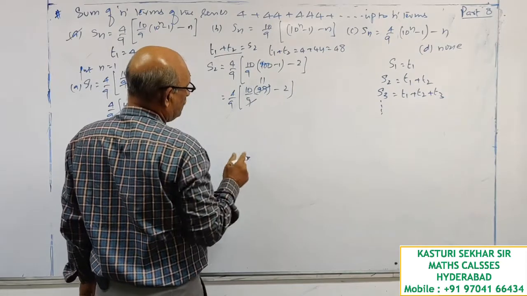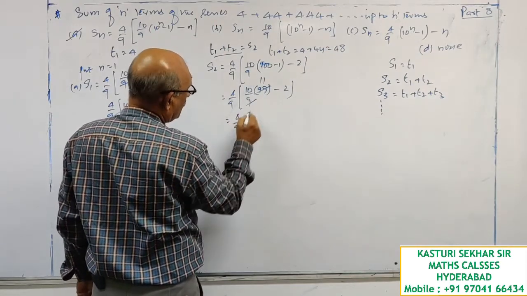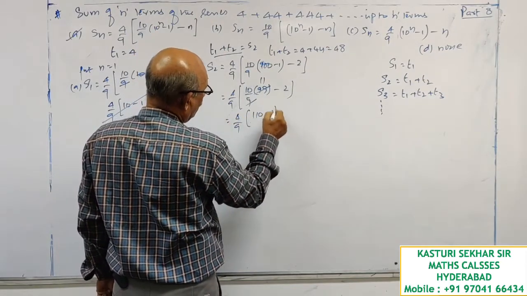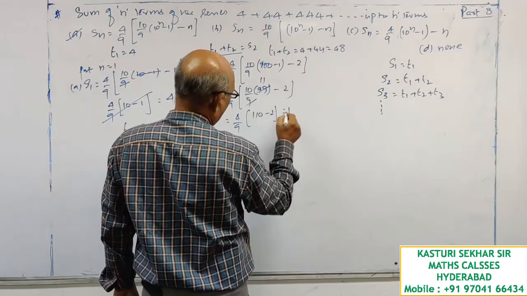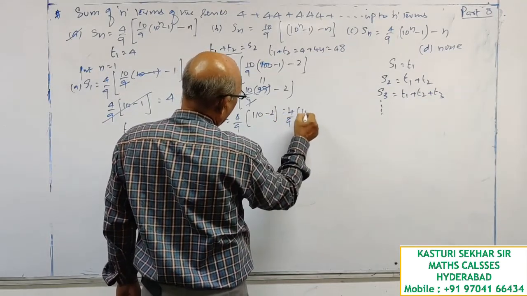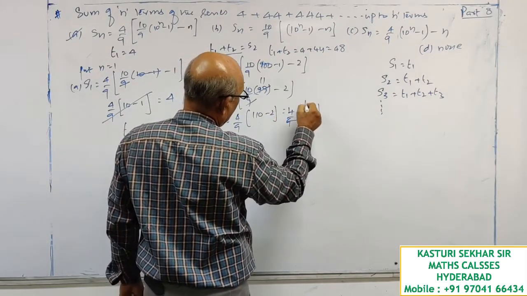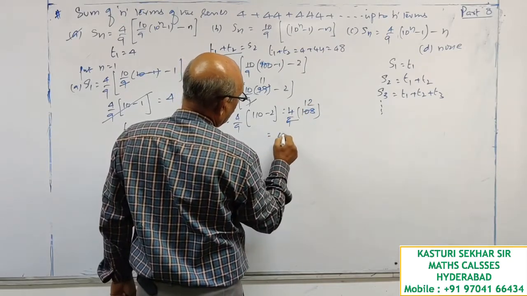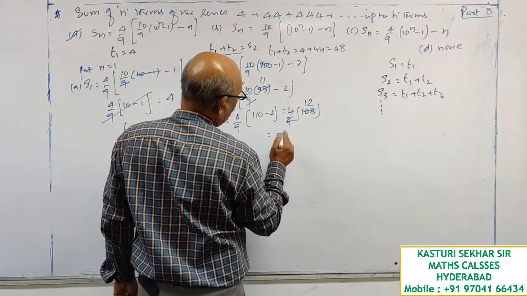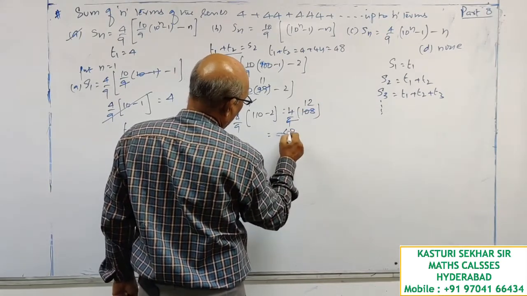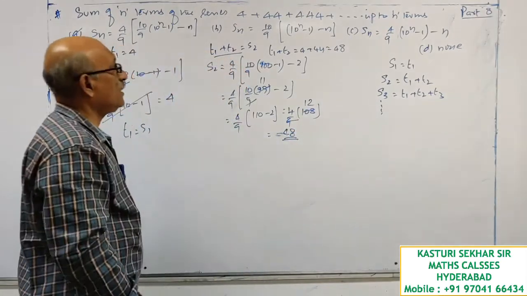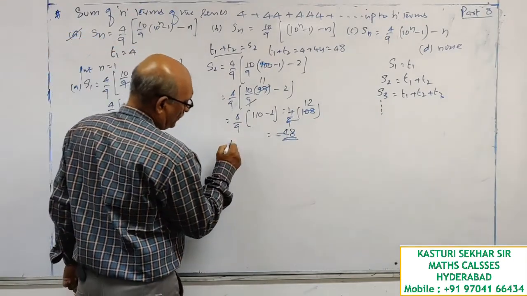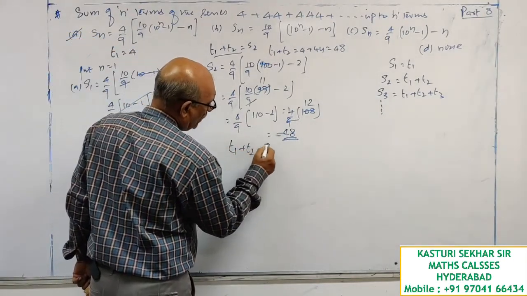It will go 11 times, 110 minus 2. 4 by 9 into 108. 9 ones are 9, 9 twos. So this is equal to 4 twos are 8, 4 ones are 4. T1 plus T2 is equal to S2.